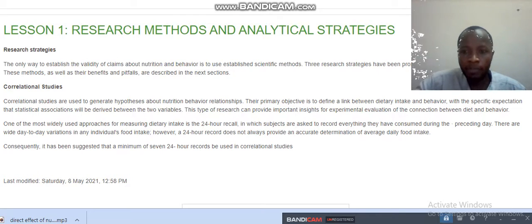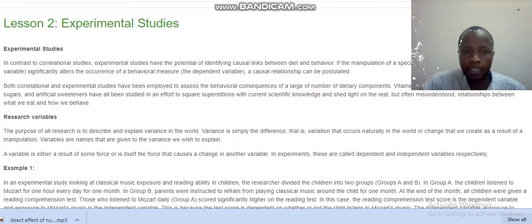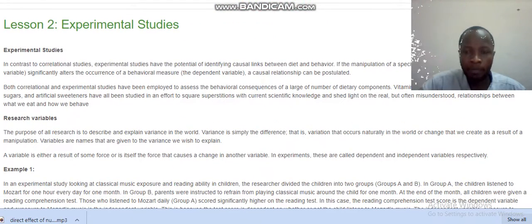We also have experimental study, and in experimental study we have to subject some variables to a test. So in contrast to correlational study, experimental studies have the potential of identifying the causal link between diet and behavior.